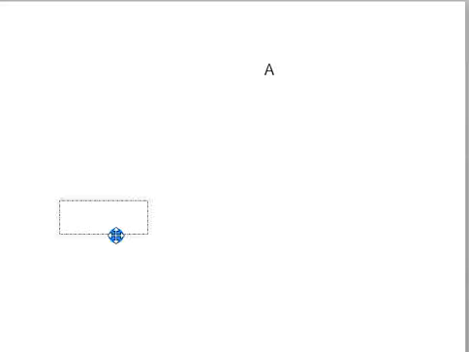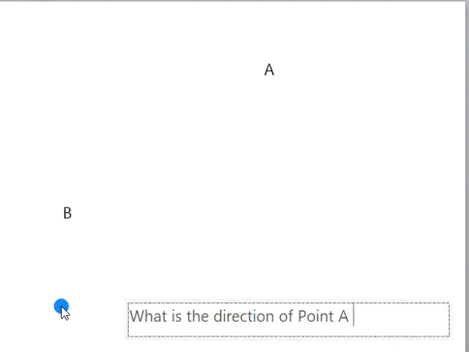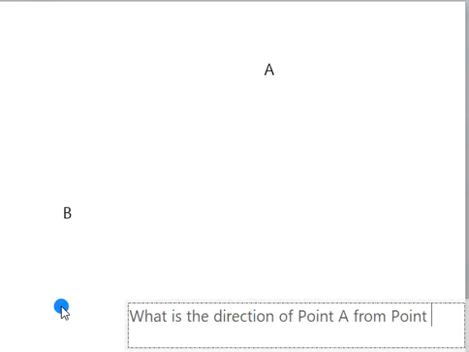Let's say, for example, I have point A here, and I have point B here. My question asks, what is the direction of point A from point B?